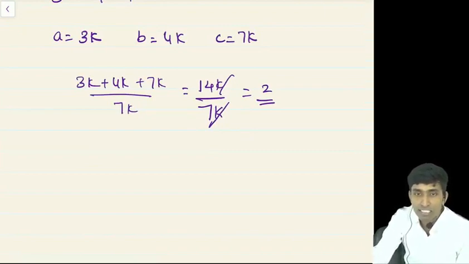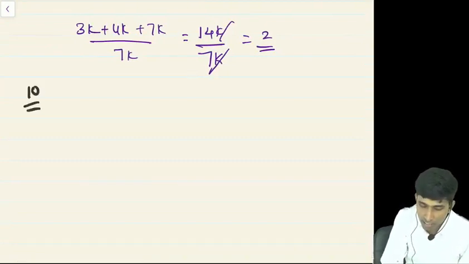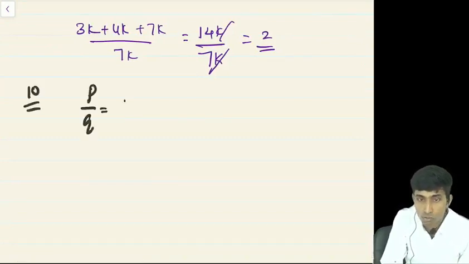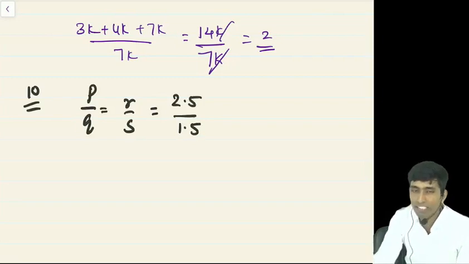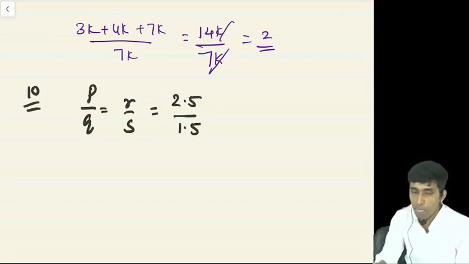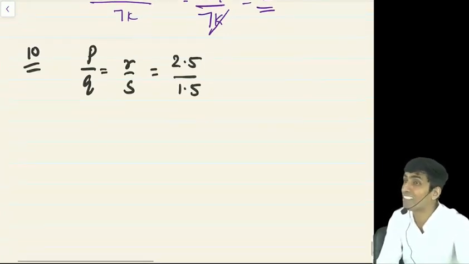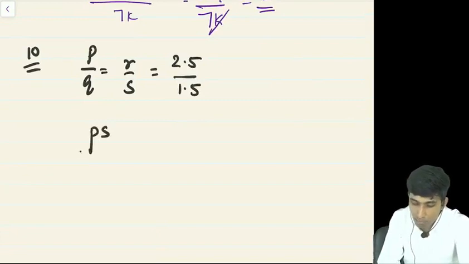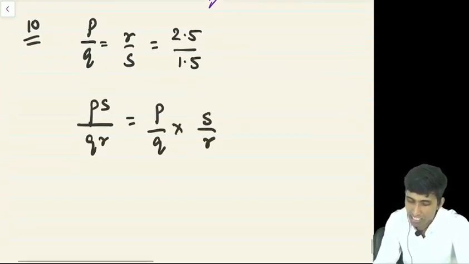10th question. See what they have given. I am solving it here. P by Q is equal to R by S is equal to 2.5 by 1.5. How will we solve this? P by S is what I want. Yesterday we did this. PS upon what I want? QR. So it is P by Q into S by R. Correct now?